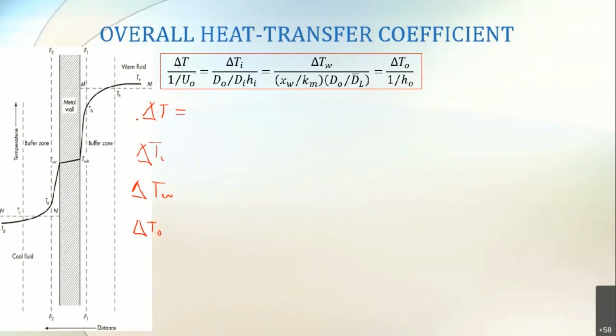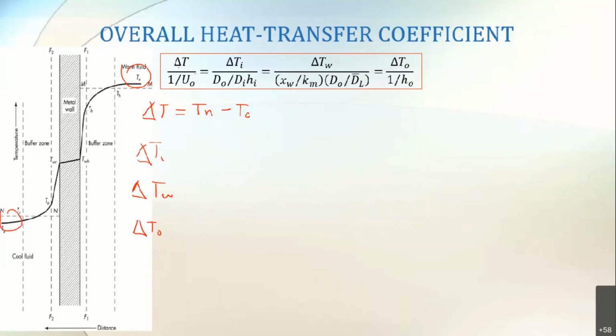For delta T, it is always going to be T hot minus T cold, meaning the largest temperature minus the lowest temperature. The largest temperature must always be on the warm fluid side, and the cold temperature will be on the cold liquid side.